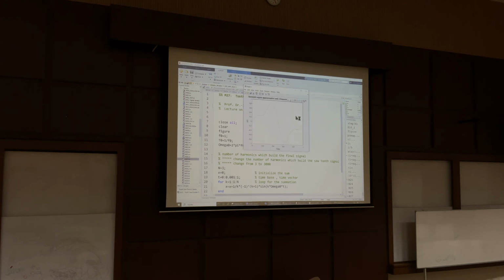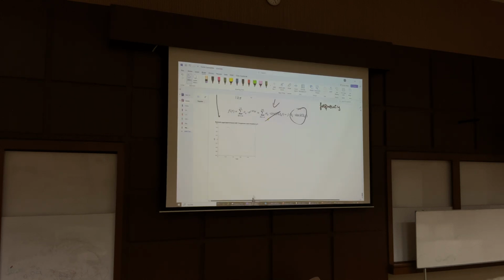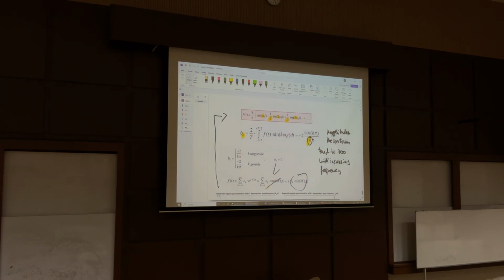See, you get 3 sinuses combined, 3 frequencies overlaid, according to this sum. Let me just get this a little bit together. This is my sum here, you see? That is my sum. This is my sinus.